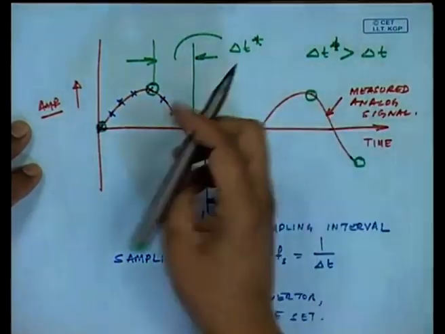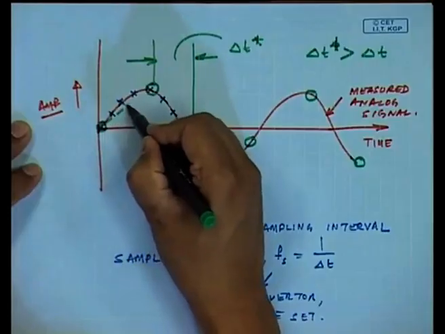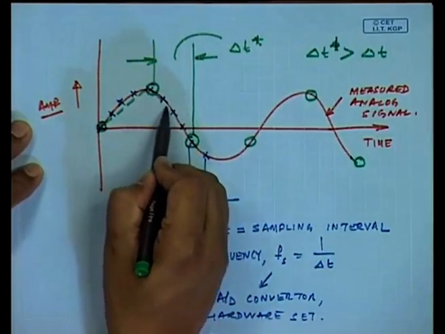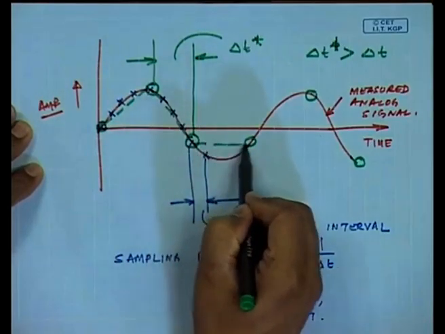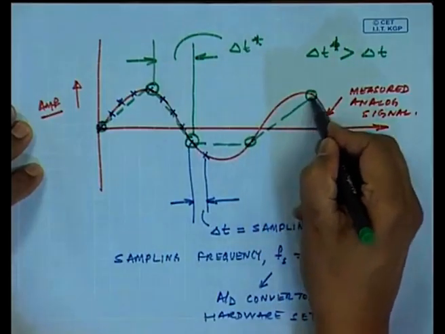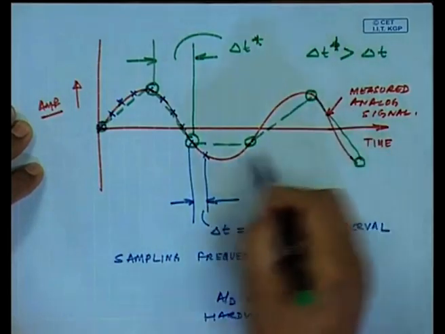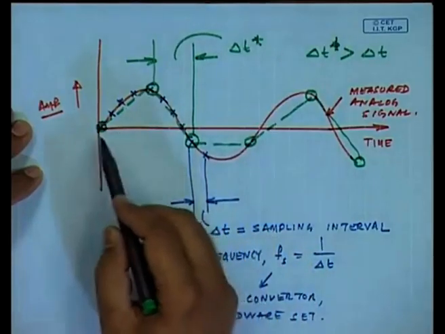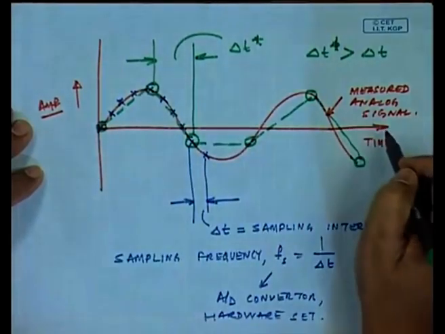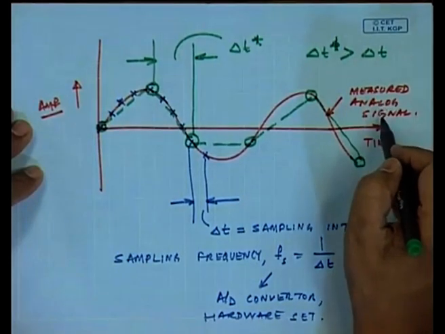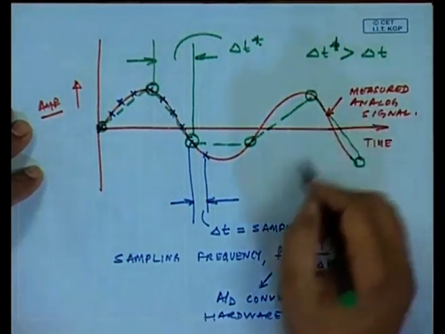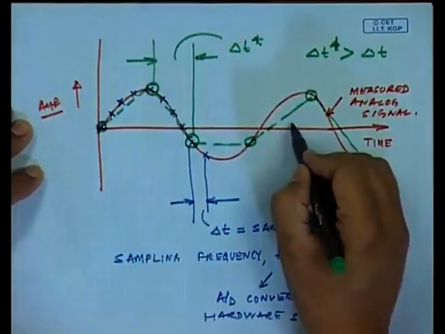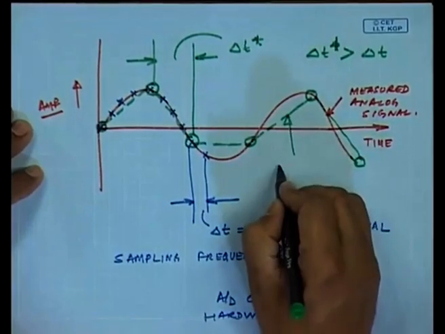what my computer is going to do is assume that there are no other data points between two successive green samples, and thus the computer will interpret the original measured analog signal shown in red by this green signal.